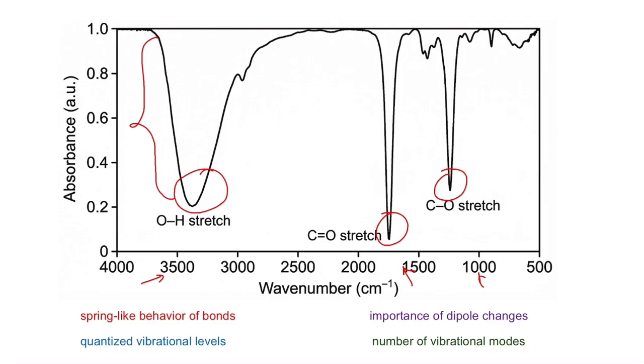FTIR lets us identify functional groups, analyze mixtures, study reaction pathways, and understand molecular structure with incredible detail. So when you look at an IR spectrum and see those sharp peaks at certain wavelengths, you're not just looking at data, you're witnessing the quantum springiness of chemical bonds, each vibration singing at its own frequency. And that's what makes FTIR one of the most beautiful and insightful tools in spectroscopy.